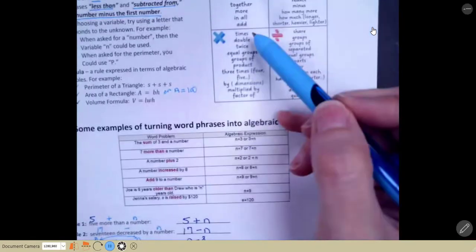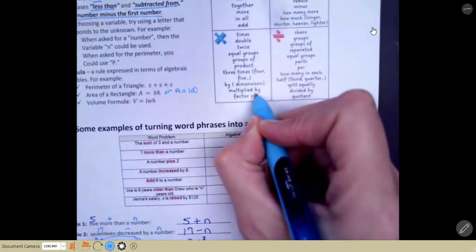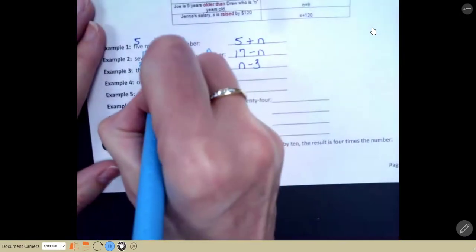1/2 of a number is 5. So 1/2 would be written as a half. Does anyone know what "of" means? Yep, multiplication. And if you look up here, "of" is right there. It means multiply. So we're just going to put a raised dot. I did see some people still put an X. Don't use the X with multiplication.